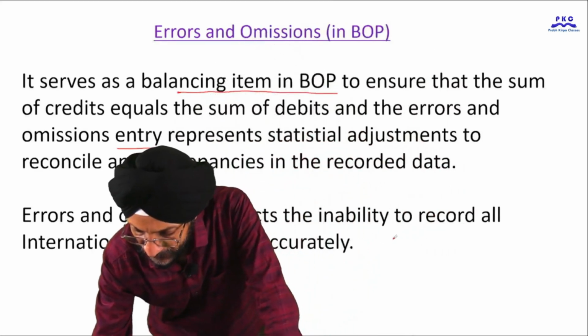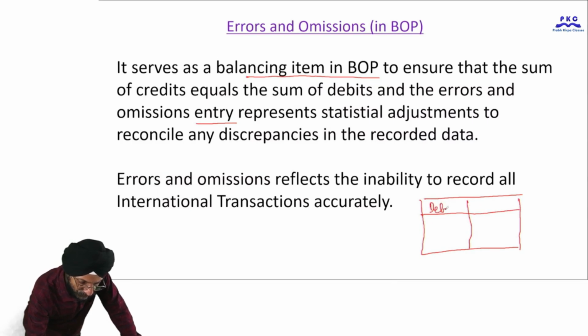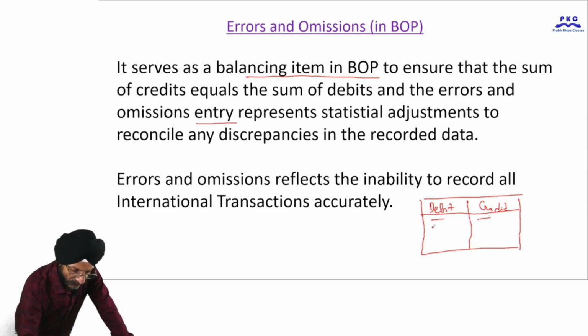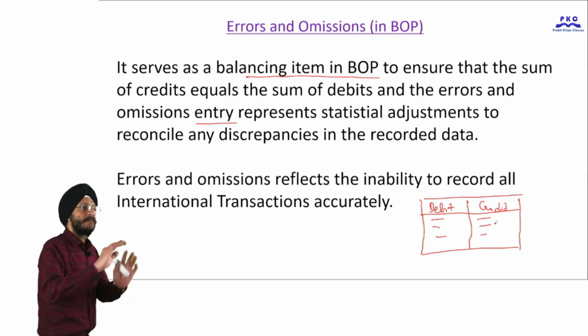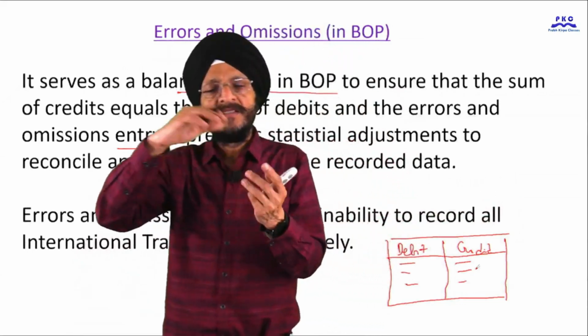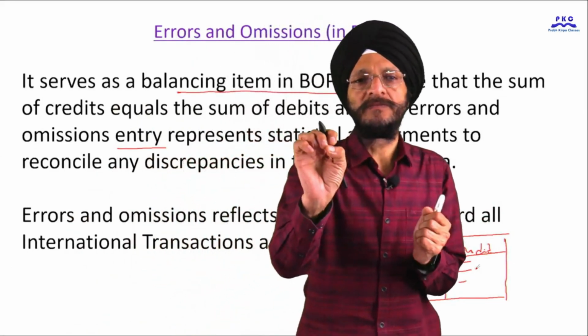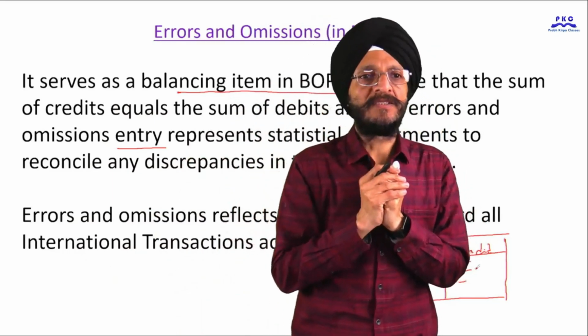For example, if this is the balance of payments record, here it is debit, here it is credit entries, and we have mentioned here, say, current account entries followed by capital account, then we have made the entries of financial account, and at the last there are also the entries pertaining to errors and omissions, so that the debit and credit are balanced.